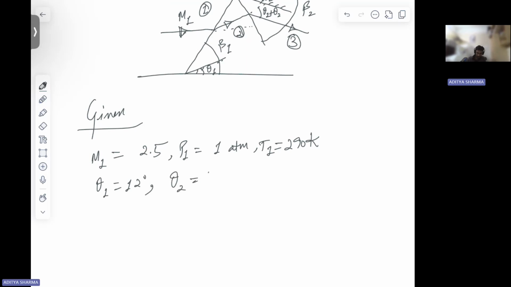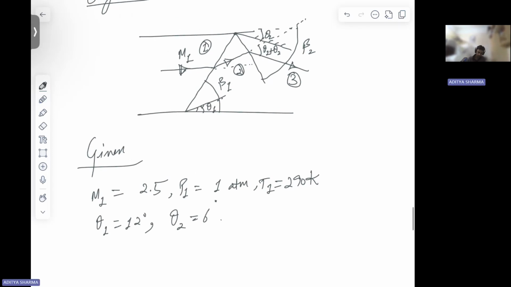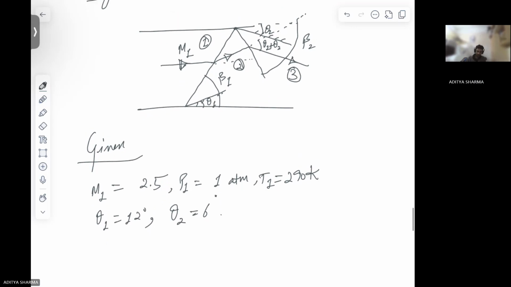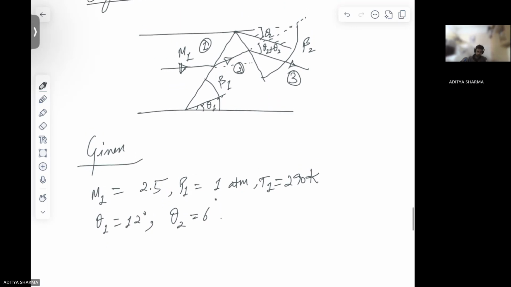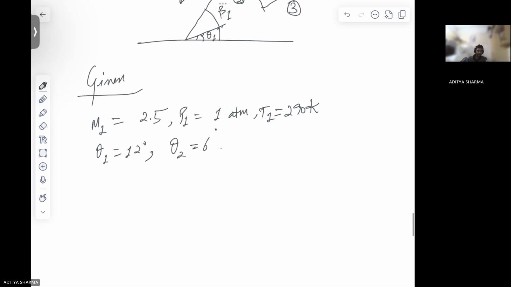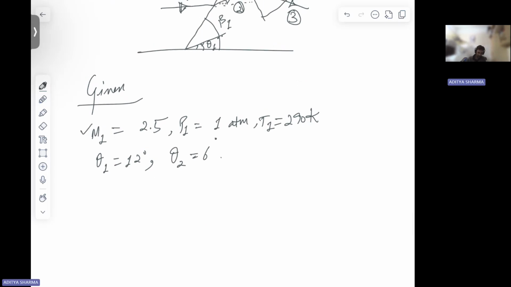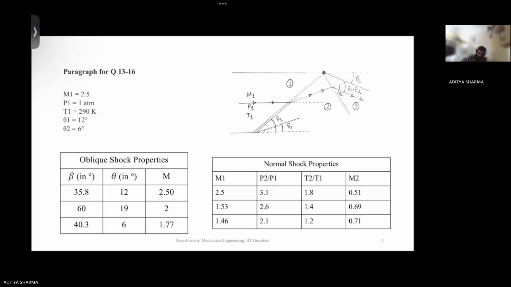Theta 2 is 6 degrees. So for Mach 2.5 and this, first question, what it says.